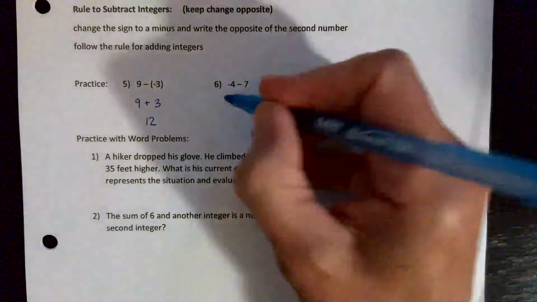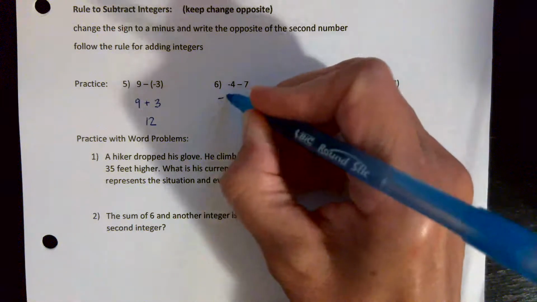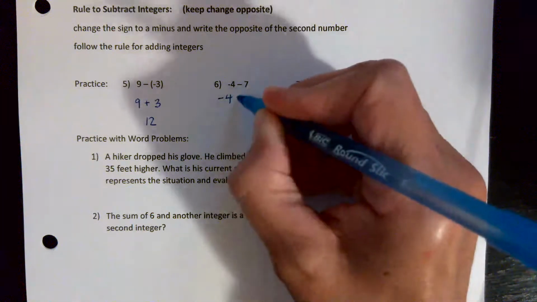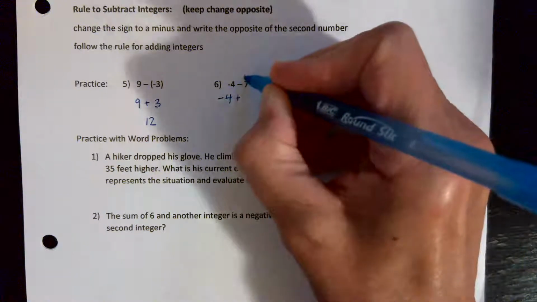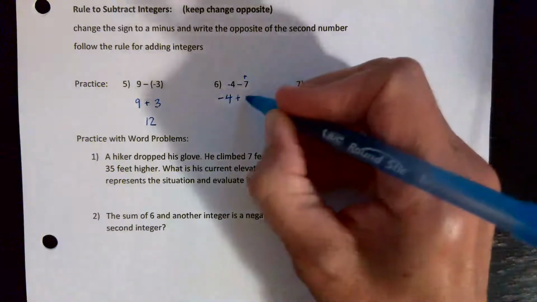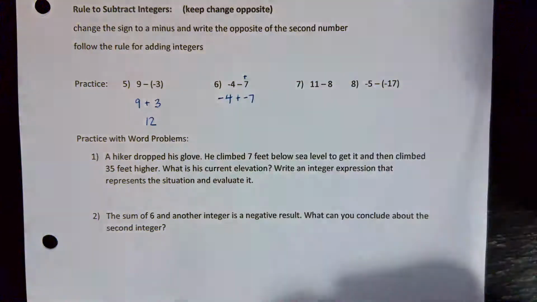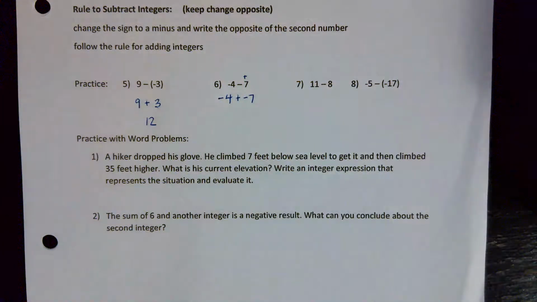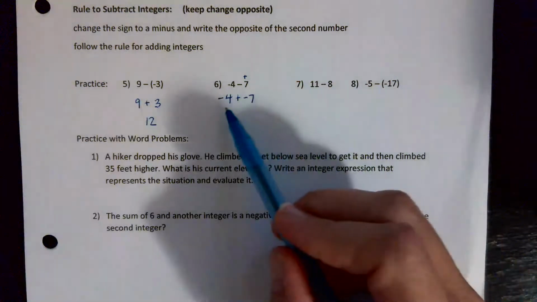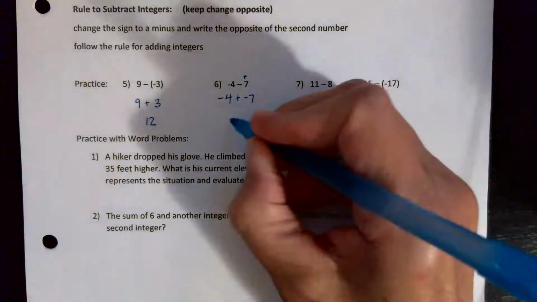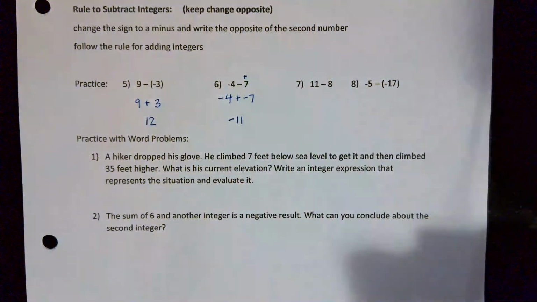Okay, -4 minus 7. I can keep -4, change the minus to a plus, and this was originally minus a +7, so I changed that to its opposite, -7. And now this is an addition problem. -4 and a -7 is -11. Same sign sum.